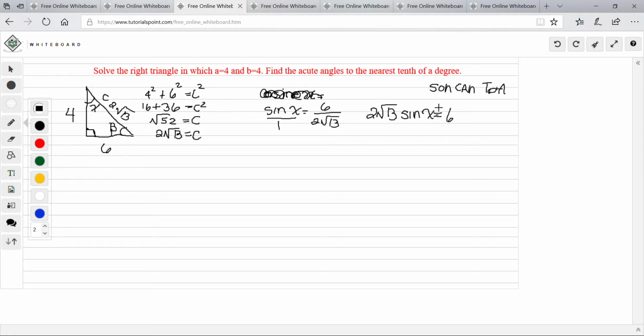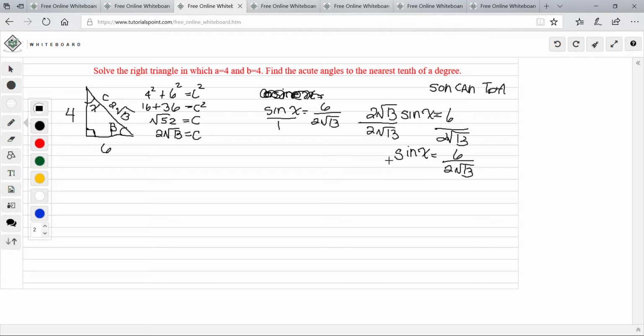We want to get alpha by itself, so I will divide everything by 2 root 13. And then you're left with sine of alpha equals 6 divided by 2 root 13. I want to get rid of the sine because I want alpha.